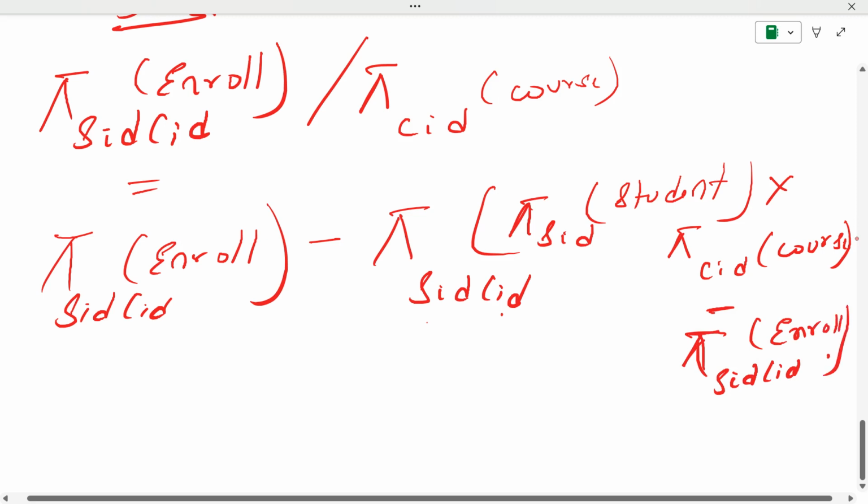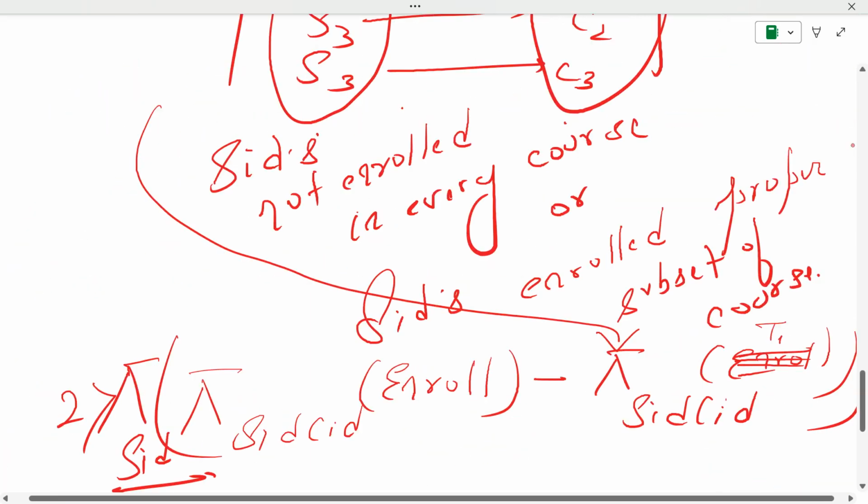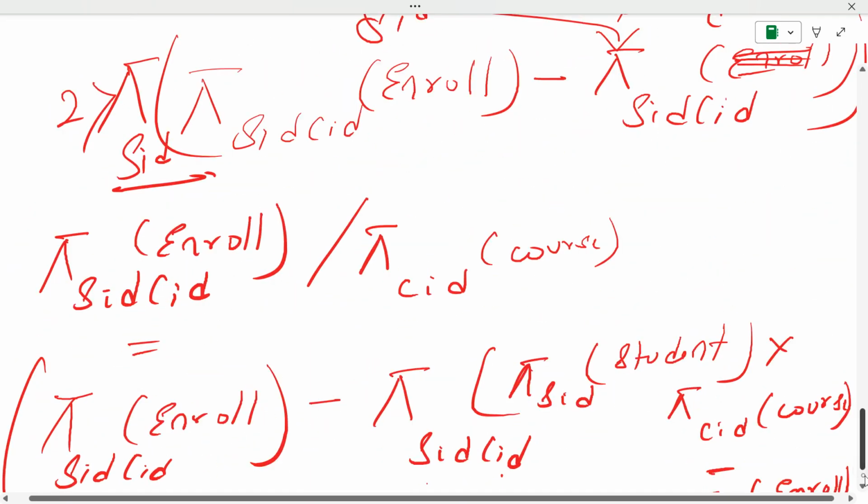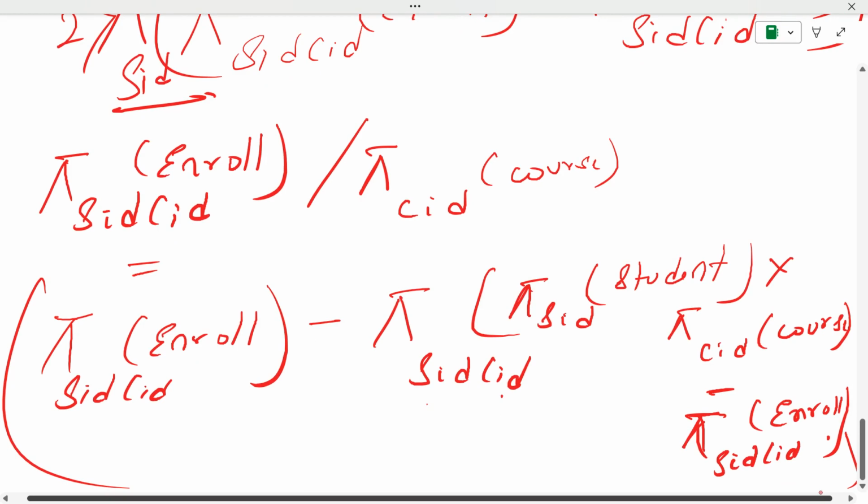Overall we are taking the projection of SID.